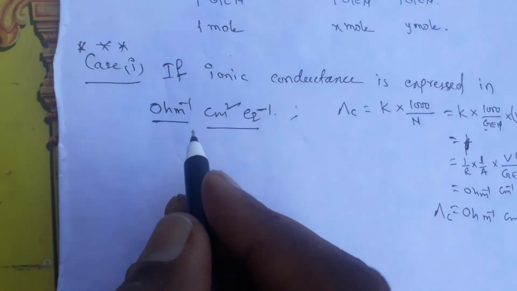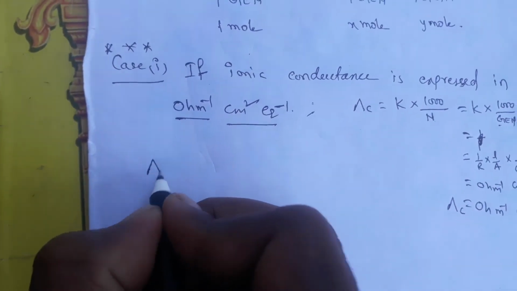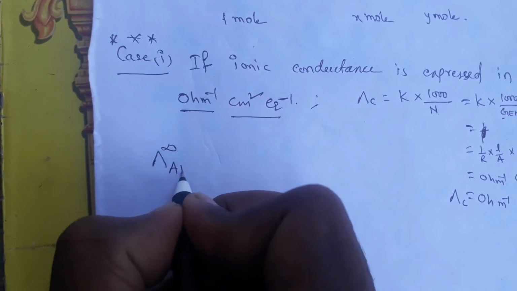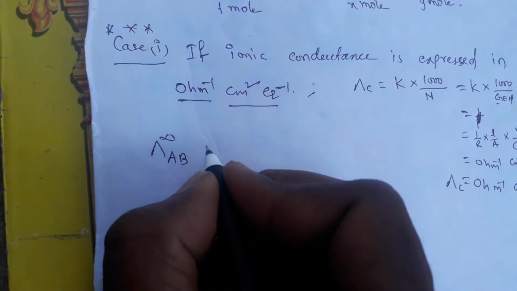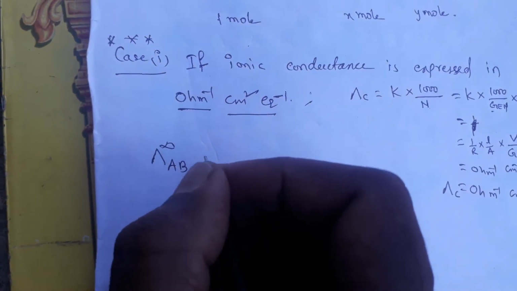So given this expression, we can directly find out the infinite dilution. Infinite dilution means a dilution where 100% dissociation takes place.